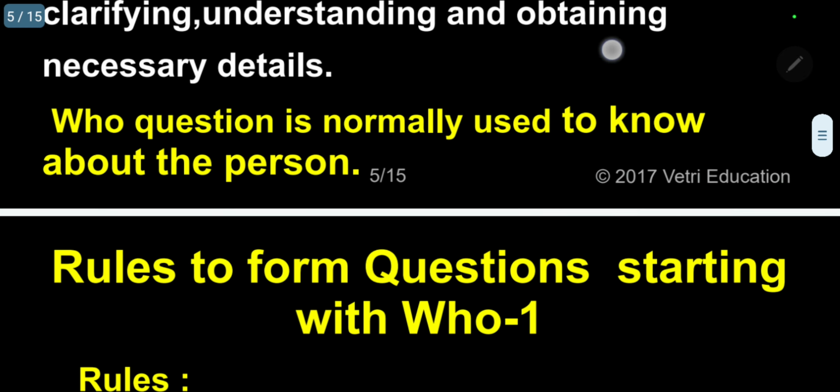Now here, the WHO question is normally used to know about a person. Suppose you consider I as the first person, then automatically in front of you there will be a second person.